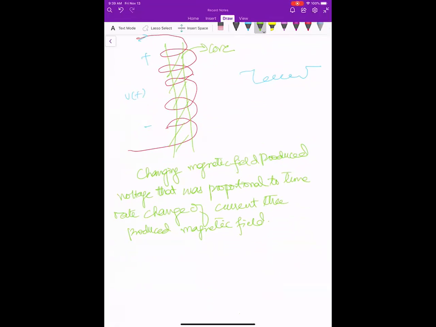So in this case, your current is changing instead of your voltage. That's what we define: changing current produces voltage across the inductor.